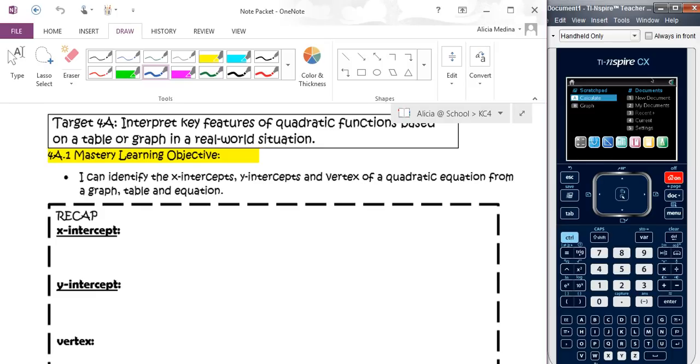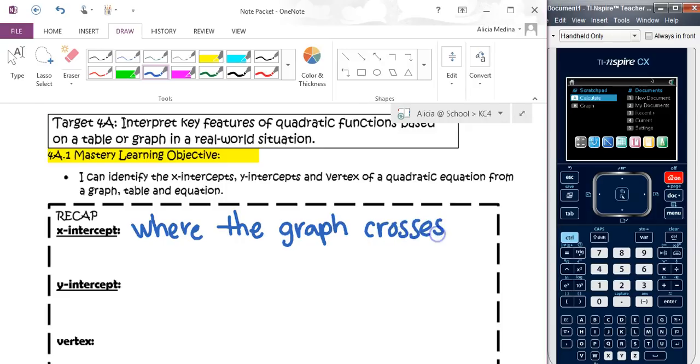Alright, so just a quick recap. What is an x-intercept? An x-intercept is where the graph crosses the horizontal axis.